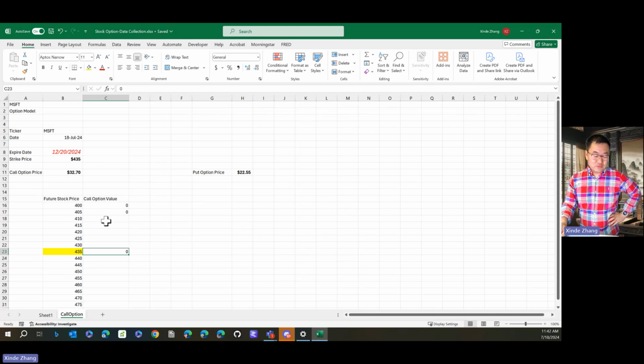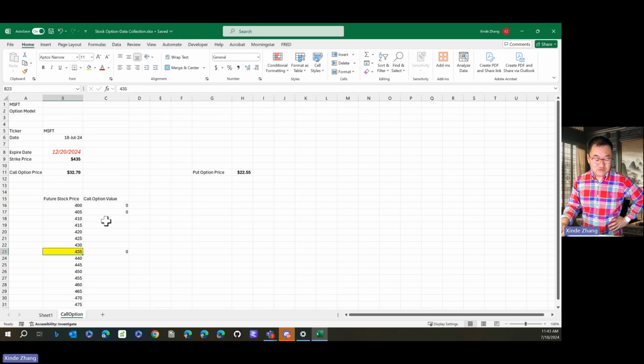For 435, we have no difference between using the option or not. However, if the real stock price is going to be 440, this is going to be the time we need to take advantage of the option, which is we buy the stock with the option at 435, the real stock price is 440, and we buy the stock and sell it immediately.